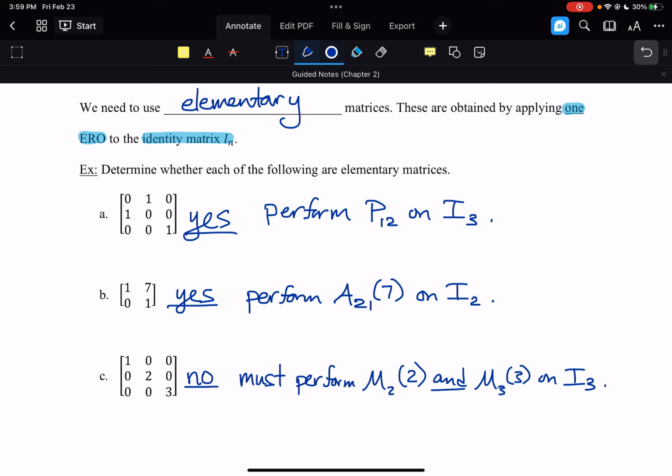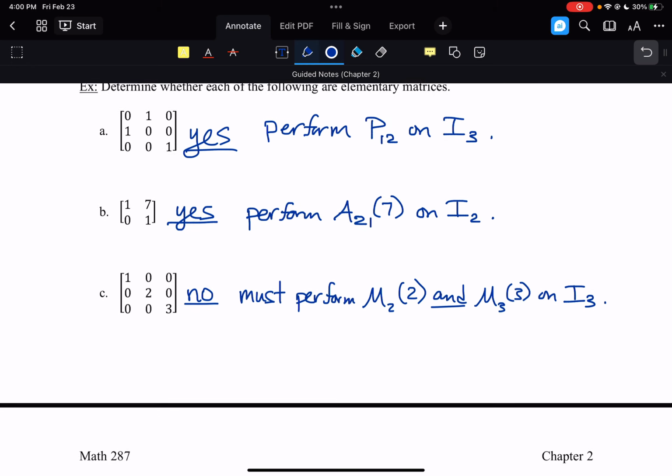So when it comes to using elementary matrices, these are what we're going to be able to use to find inverses.